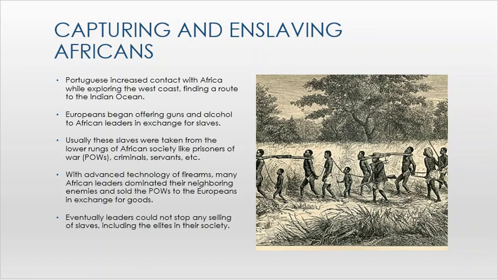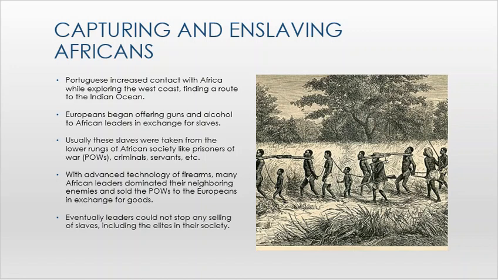But now they have advanced technology where they can overcome their enemies once and for all. And the Portuguese are saying, look, we give you these firearms, will you just give us some POWs as you conquer your enemies with them? And so these agreements were made between African leaders and the Portuguese and Europeans.